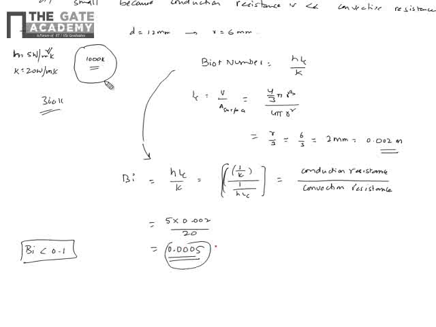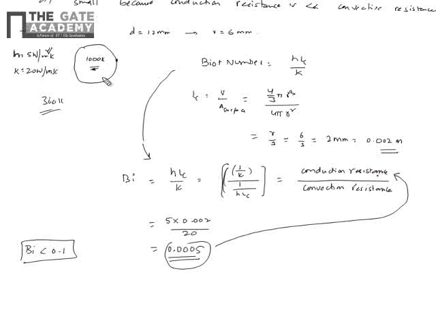What it means is that conduction resistance is very much less than convective resistance, or the other way of saying it is that the center temperature and the outer skin temperature are almost similar, because the thermal conductivity is very high and the temperature difference will be very small.